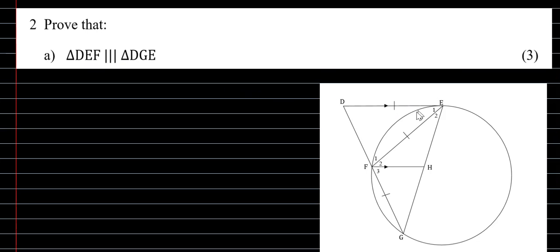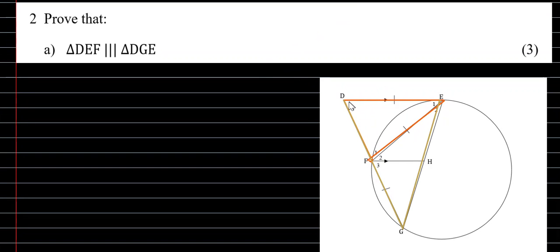So DEF, let's highlight it so that we can see it. So this is the small circle, so I will just highlight DGE now because I'm done with DEF. So let me highlight the big triangle.